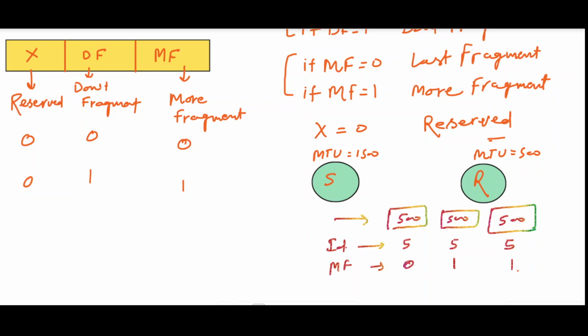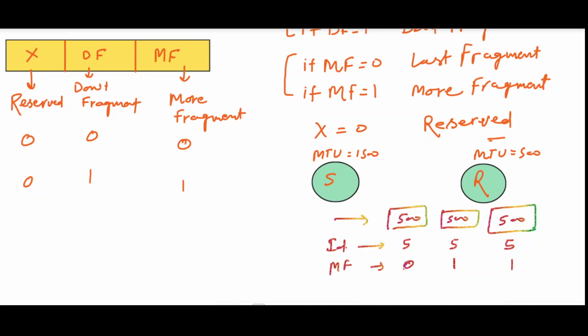So just as an identification number, just as a recognition, you can count on the basis of the more fragments field, because here 1 means some other fragments are also available. So here you get 1, then you can say maybe one more fragment is also available.